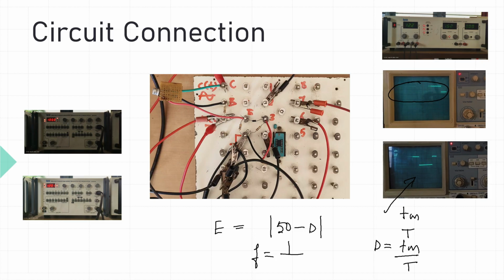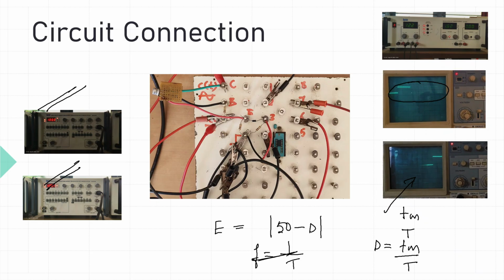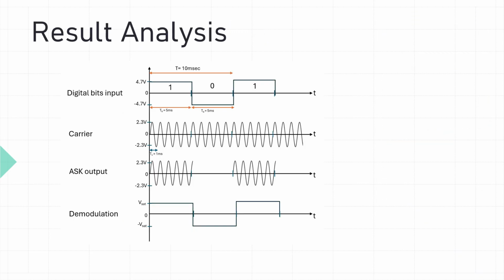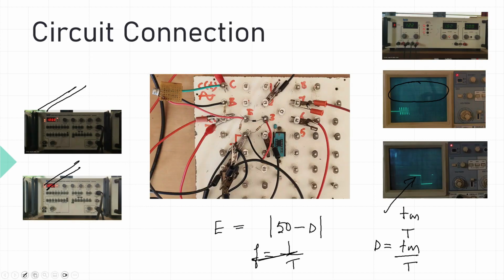You just note it down by this expression, frequency equal to 1 by T. So this is the analysis of output. Here you are going to see 1 kilohertz sine wave and 100 hertz square signal that is applied. So this is the waveform that you have to write after conducting the experiment.